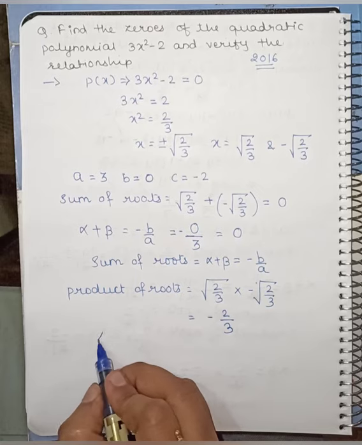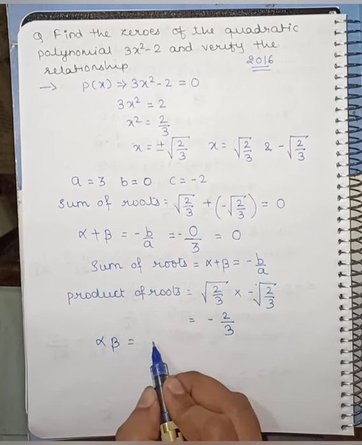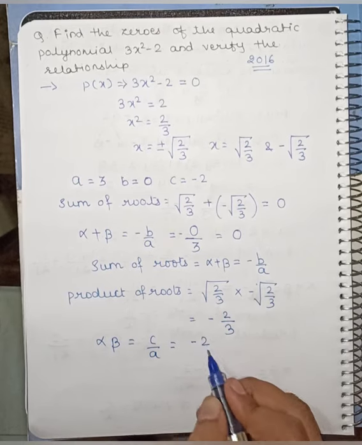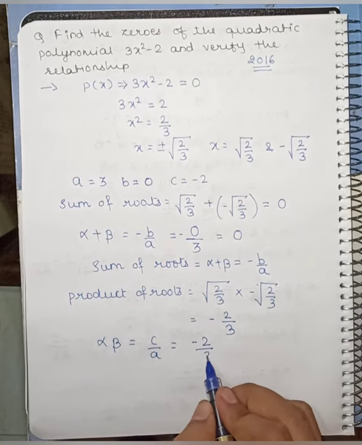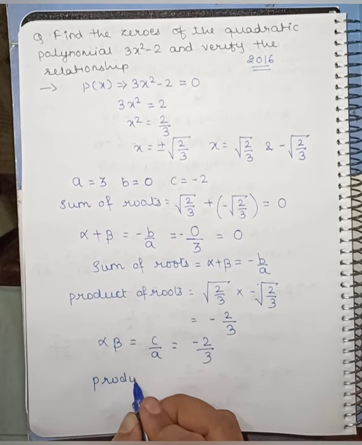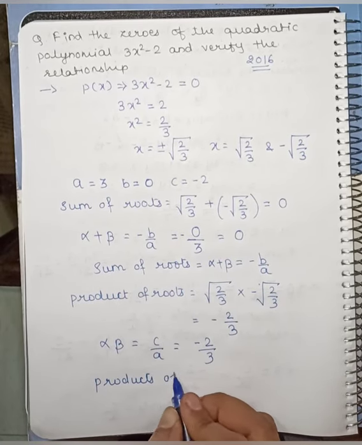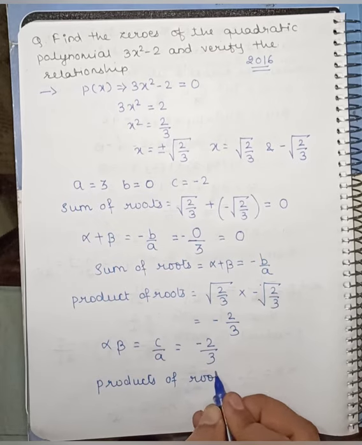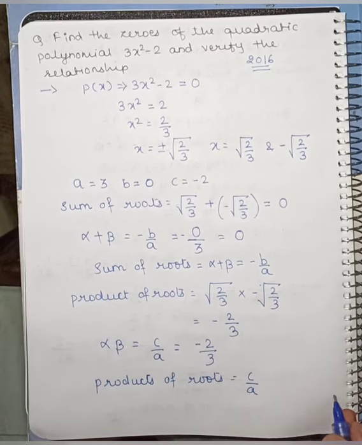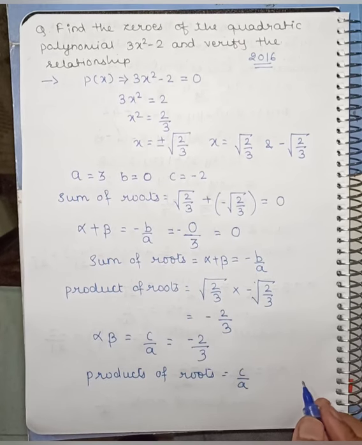And according to the relationship, alpha into beta is c by a. Now the value of c is minus 2, whereas the value of a is 3. So as you can see, the product of roots is also equal to c by a. So we have found the roots, and then we have verified the relationship also.